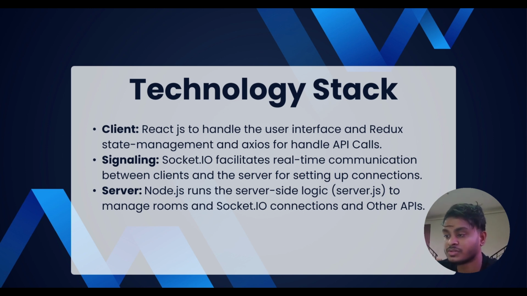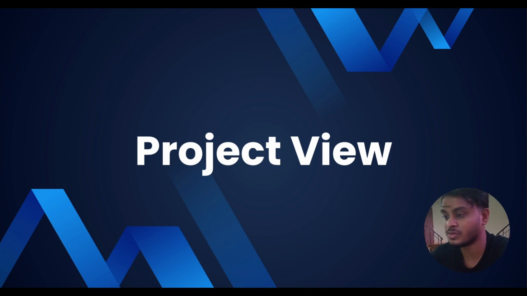After that, in the server folder, I use Node.js to create the server side logic and API calls. And for signaling, I use Socket.IO for real-time communication between client and server, which we already discussed.